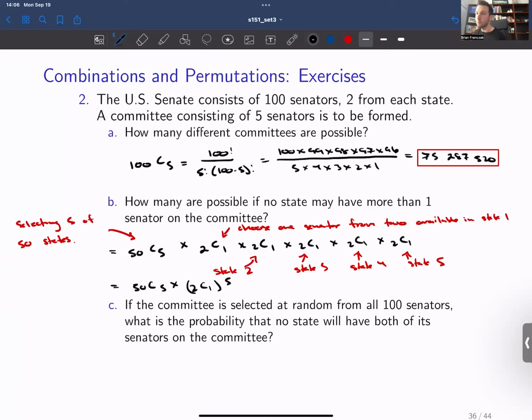Now, to choose 1, anything choose 1 is that number. So this becomes 50C5 times 2 to the power of 5. Okay, so 50C5 is going to be 50 times 49 times 48 times 47 times 46 divided by 5 factorial times 2 to the power of 5.